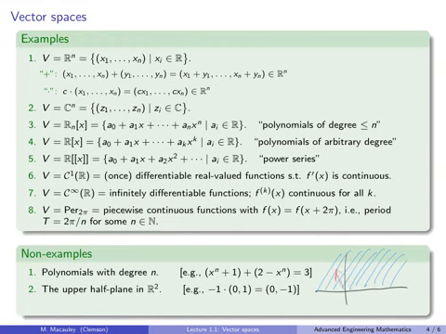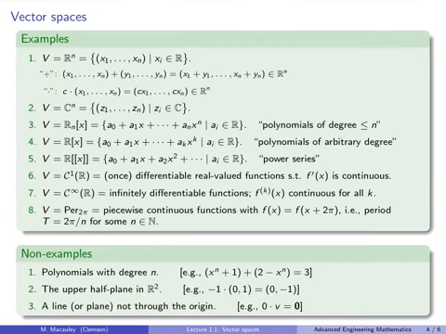If you take any two vectors in the upper half plane and you add them up, you get another vector in the upper half plane. So this set actually is closed under addition. But it's not closed under scalar multiplication, because if you take any vector v and you multiply by its negative, this is negative v, you get something that's not in the upper half plane anymore. So this is not a vector space.